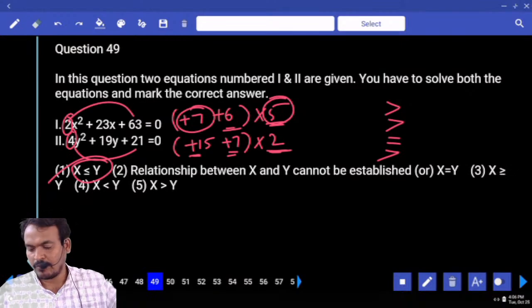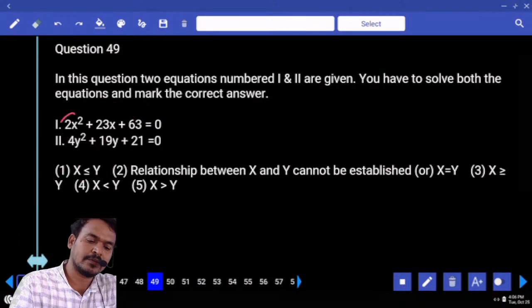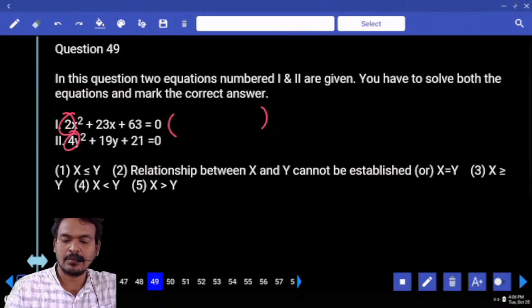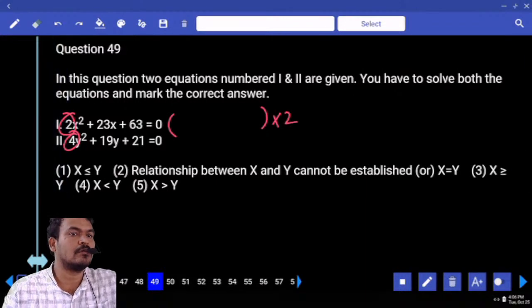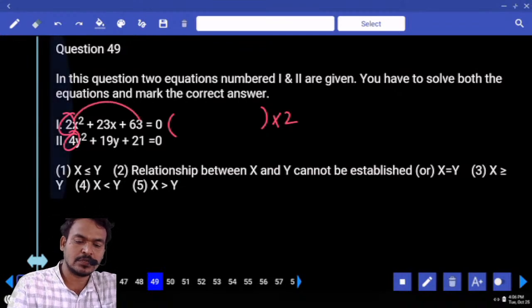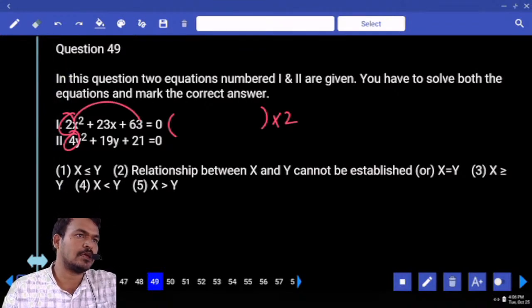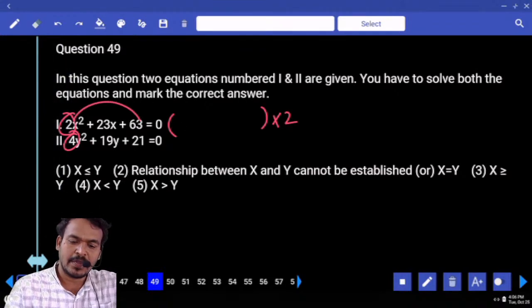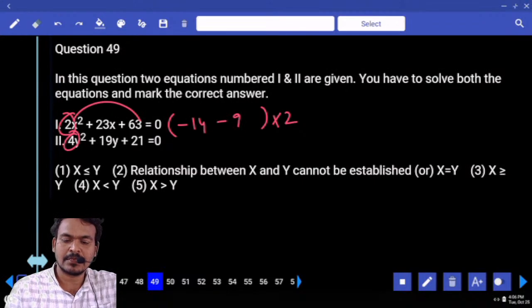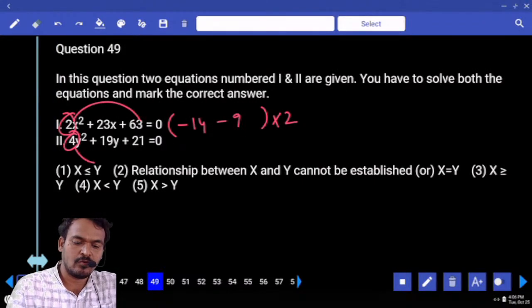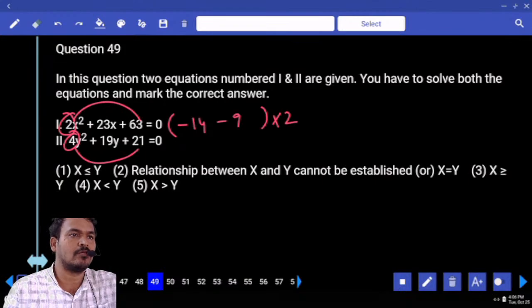Next, question number 49. What is the coefficient of x square? 2. Coefficient of y square? 4. Then the x roots are multiplied by 2. Next, 2 into 63 is 126, nothing but 14 into 9. Minus 14, minus 9. Second one, 4 into 21 is 84, 12 into 7.